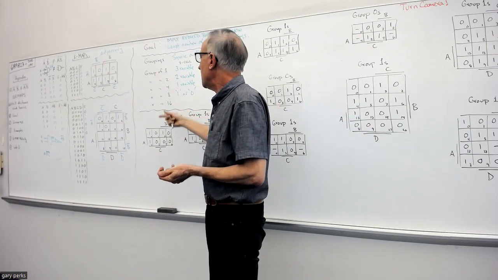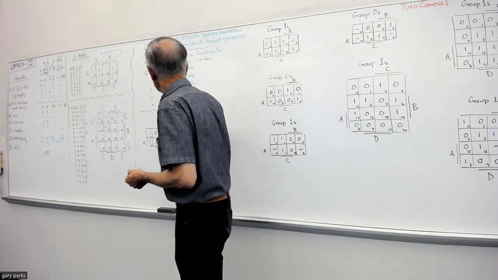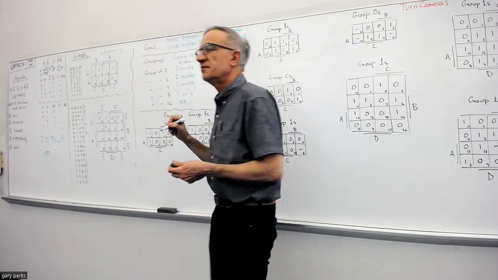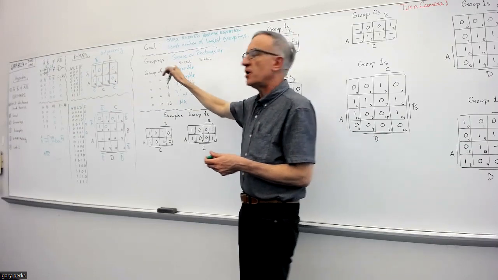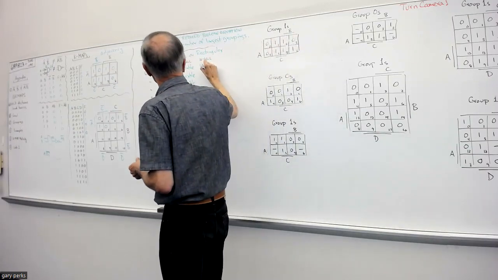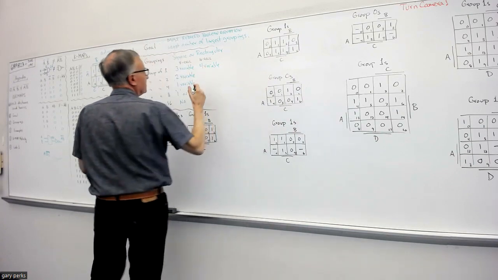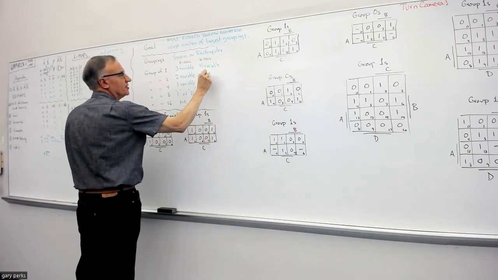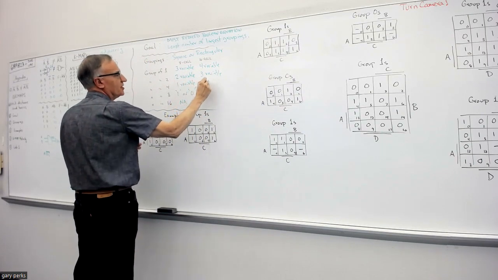And then, of course, you can't have a 16 grouping with an 8 cell map because you don't have enough cells. So this wouldn't apply. If you have a 16 cell and there's a group of 1, it's a 4 variable term. A 2 grouping in a 16 cell will give you a 3 variable term. A 4 grouping gives you a 2 variable term.